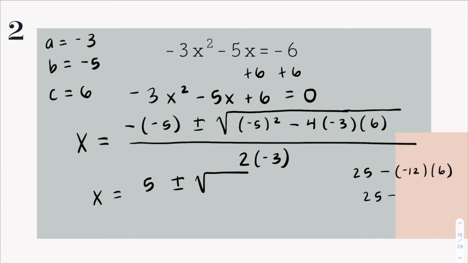And that gives us negative 72. And in total, we get 97 as our discriminant. 97 is not a perfect square, so we can't simplify that. And then 2 times negative 3 gives us negative 6.